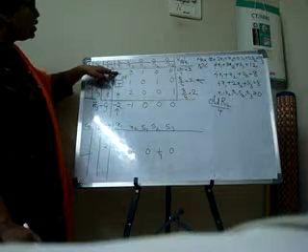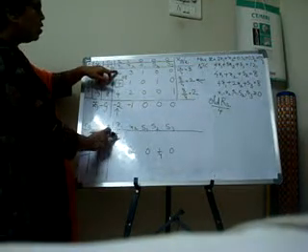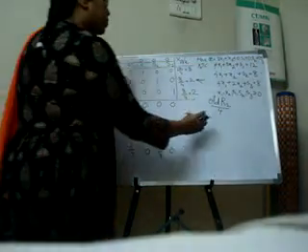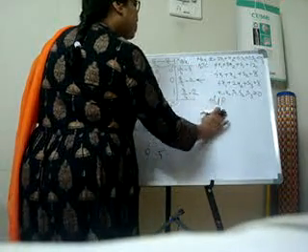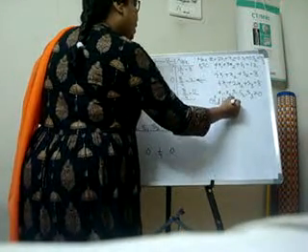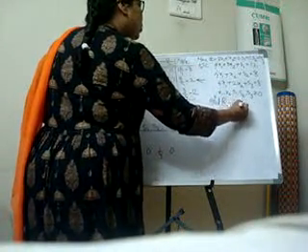Now I have to make this 0 here. So how to convert it? New R1 is old R1 minus 4 into new R2.